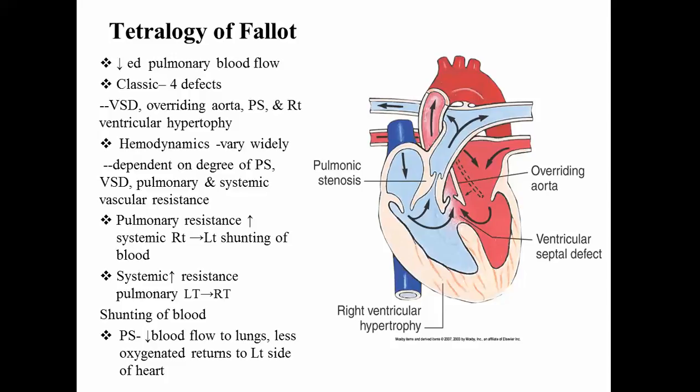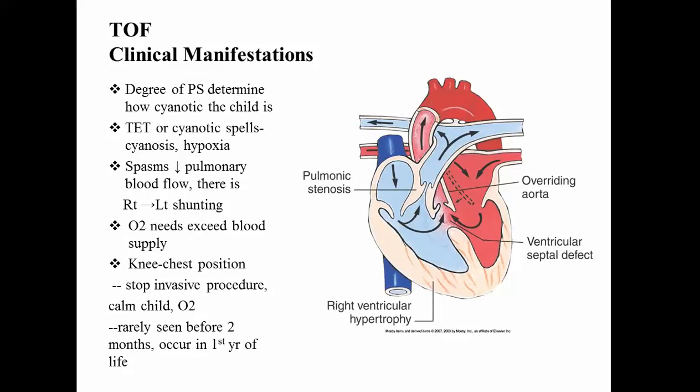Now there is a pulmonic stenosis in this defect, so there's decreased blood flow to the lung. So there's less oxygenated blood that returns to the left side of the heart. The clinical manifestations would depend on the degree of the pulmonic stenosis.